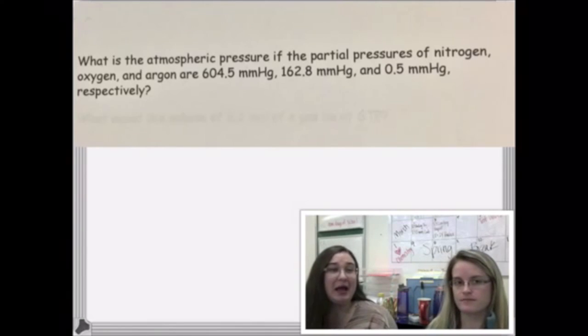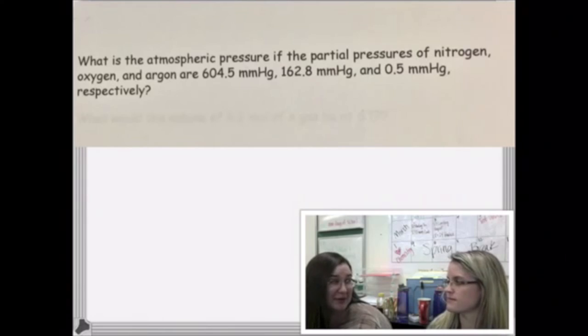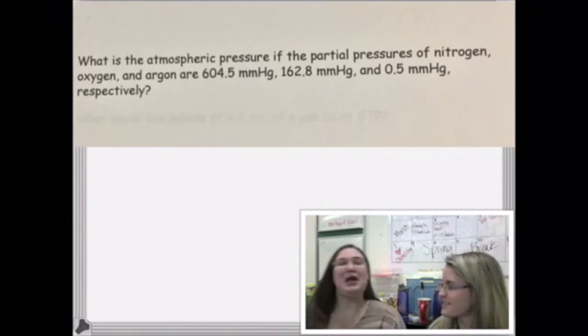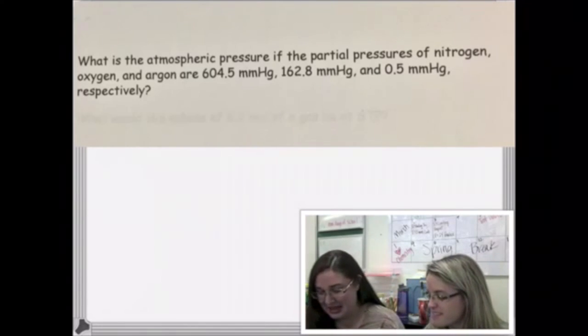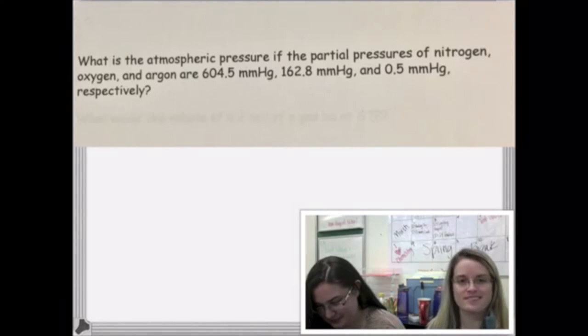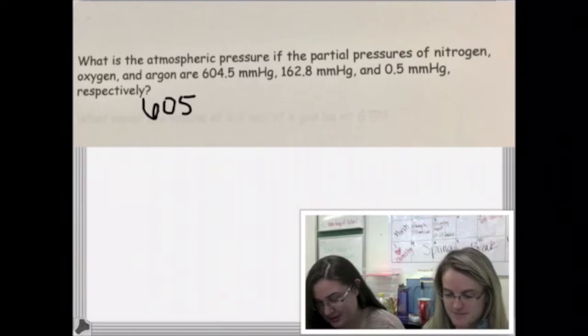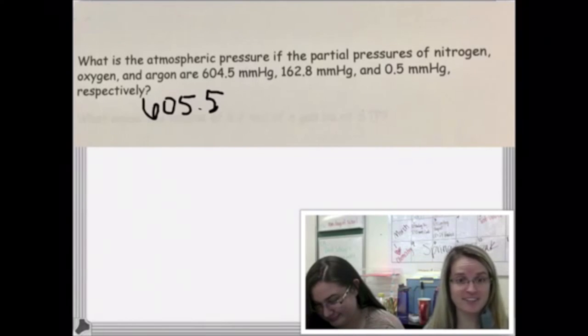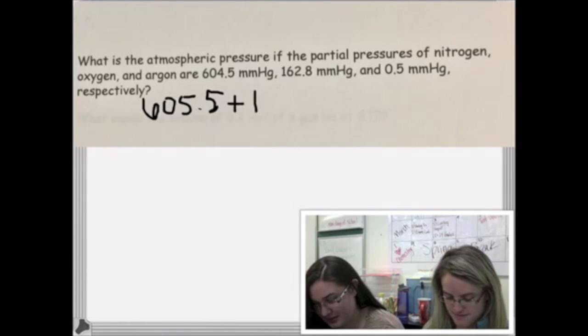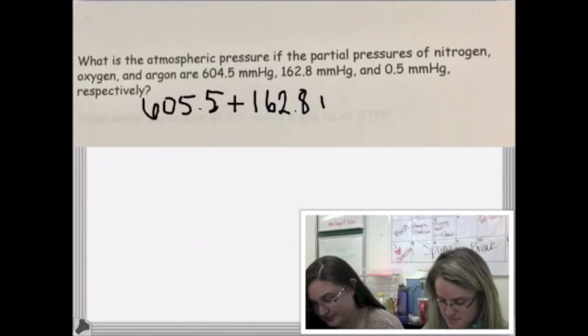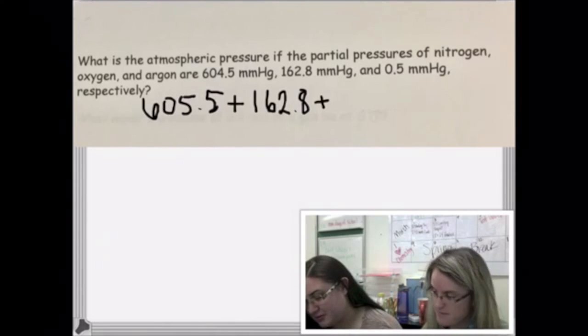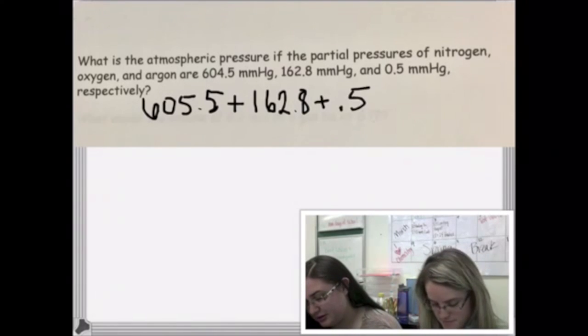Okay, so I'm just going to add them up. Simple addition. There's my first pressure. By the way, get out your calculator. There's my second pressure, and there's my third pressure.